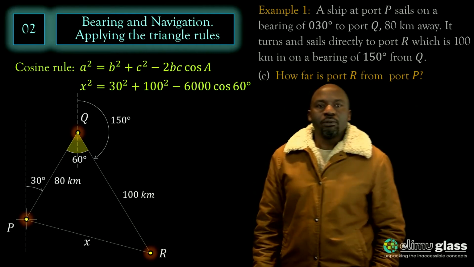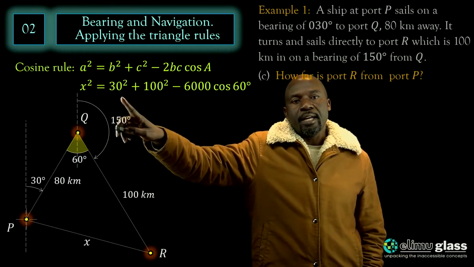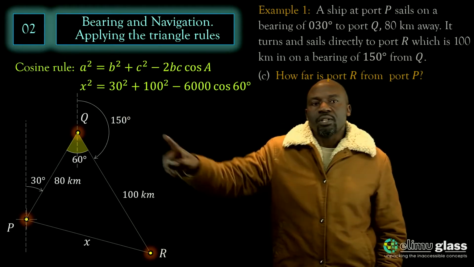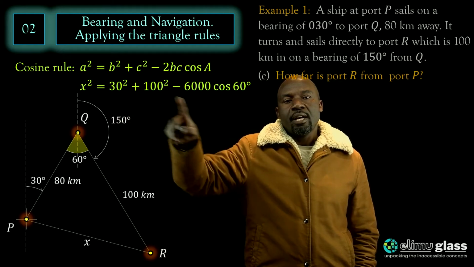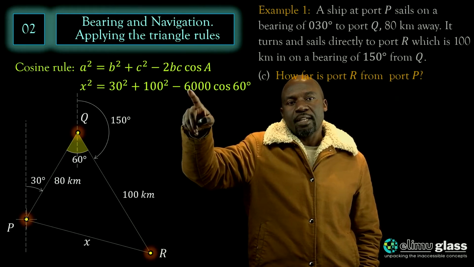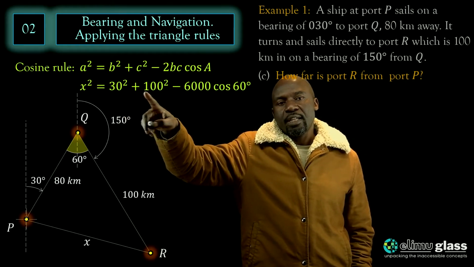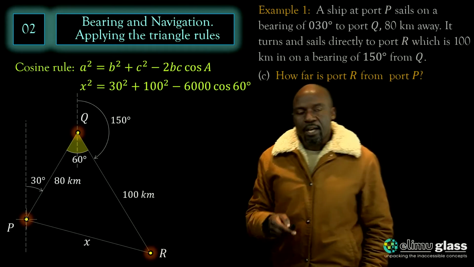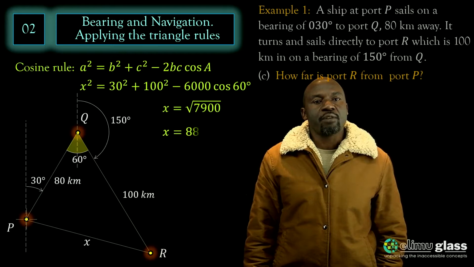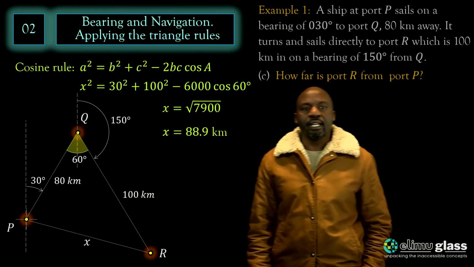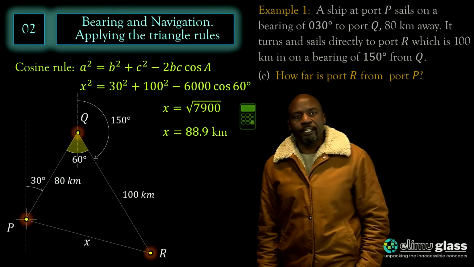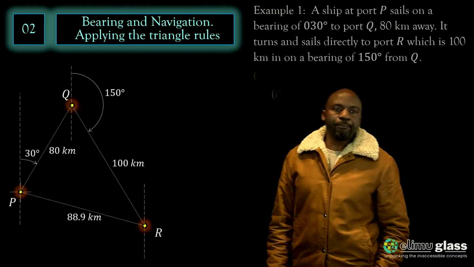So 80 squared is 6,400, 100 squared is 10,000, so 16,400 minus... cosine of 60 is a half, so a half times that is 8,000... So the result should be 7,900, and when we find the square root of that, we find the distance to be approximately 88.9 kilometers. So X there is 88.9 via the calculator, okay?